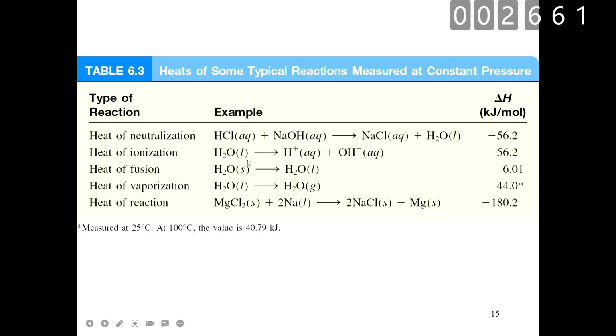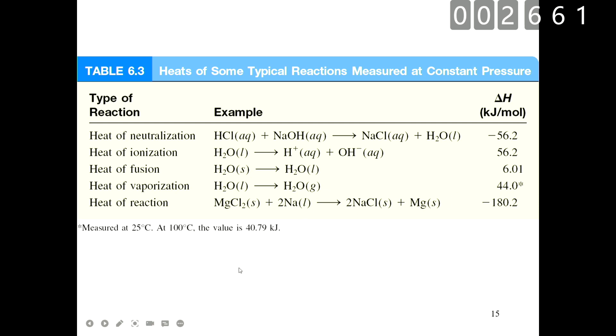But for this process, it will gain heat from the environment. We also can see the ice changes to liquid, we need energy, and also the liquid water changes to gaseous water, so it also needs energy.